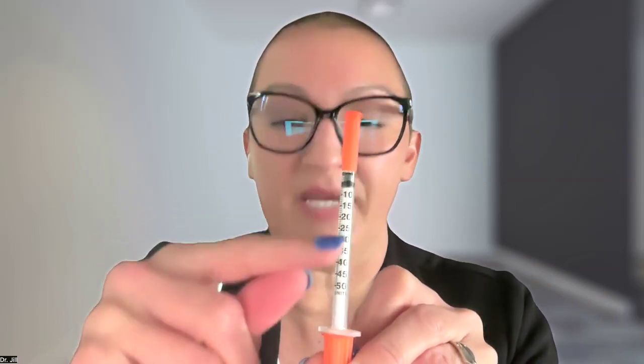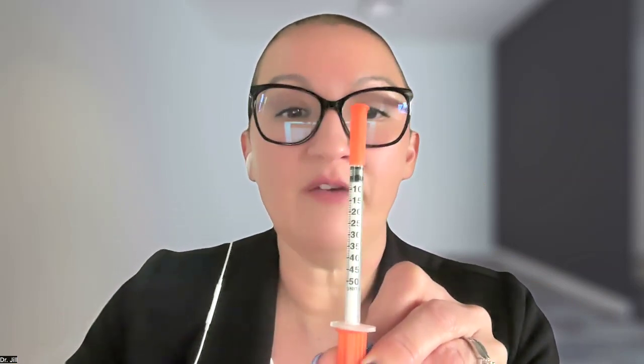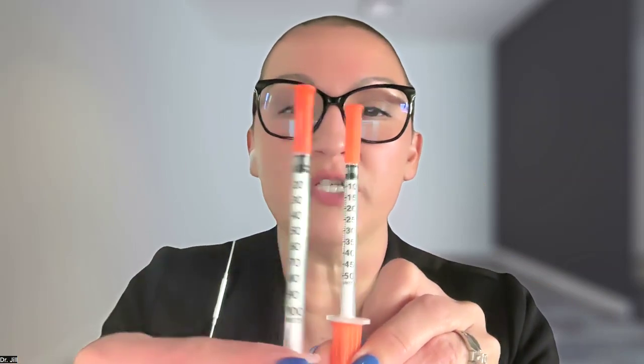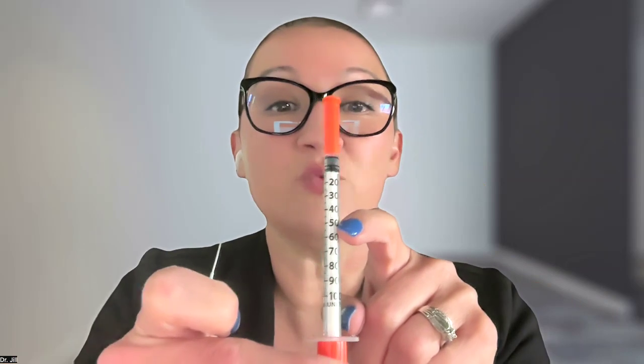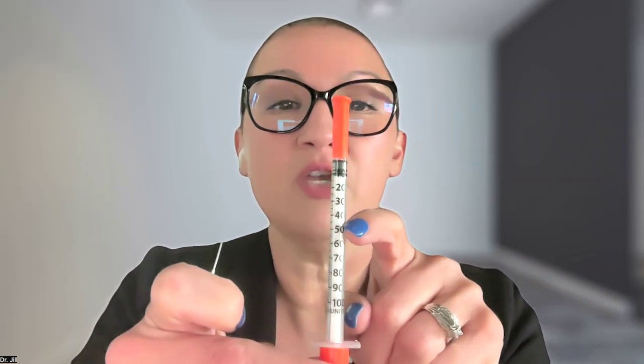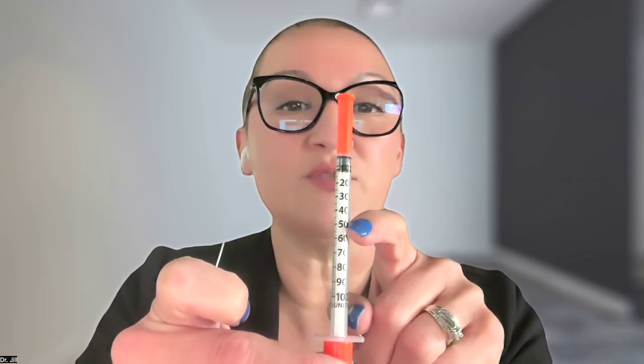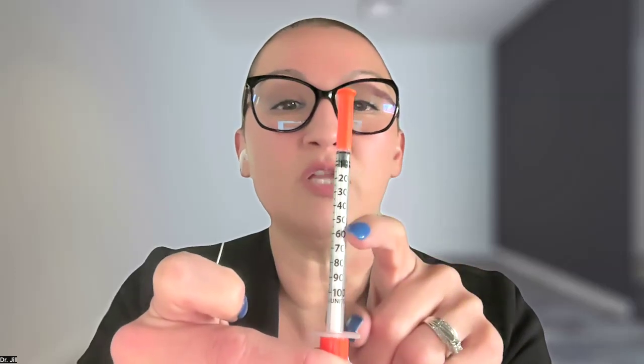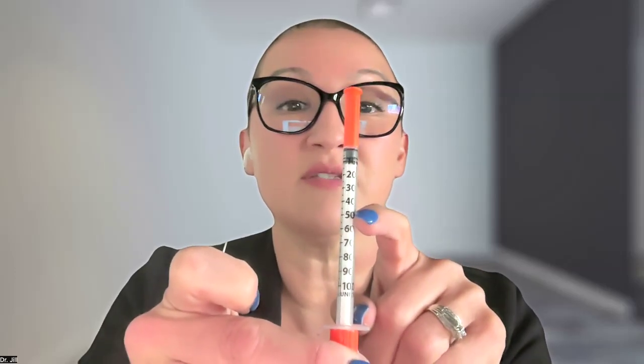So then I also have this 50 unit syringe. You can see there's the 50 units all the way down. So it's almost the entire barrel. However, if I had a 100 unit syringe, we see 100 units is down here and 50 units is way up here. So if we were to inject 50 units using this syringe, we would only pull our plunger down to 50 units.